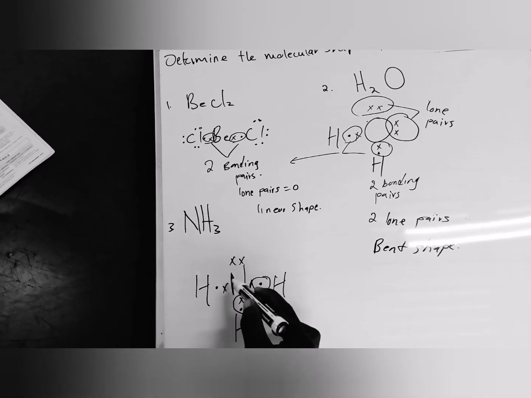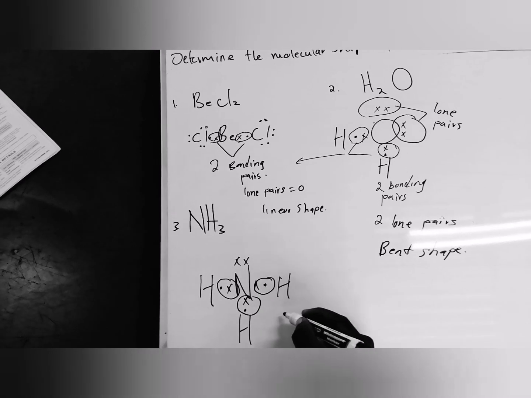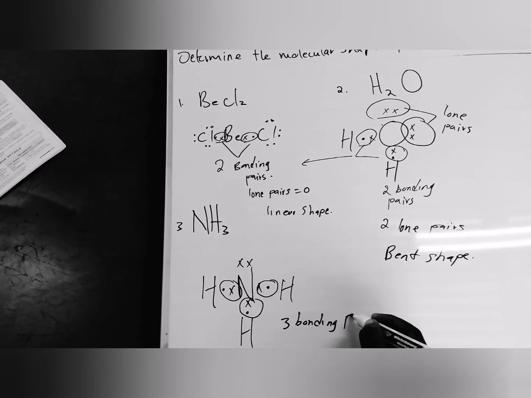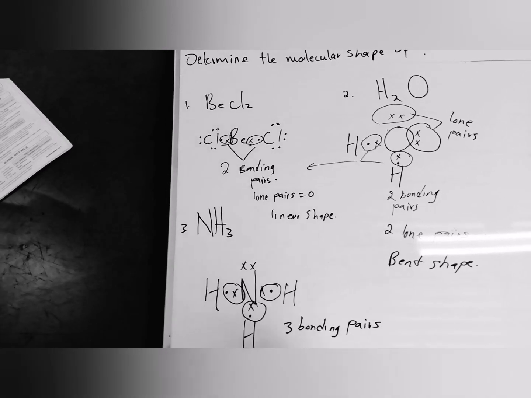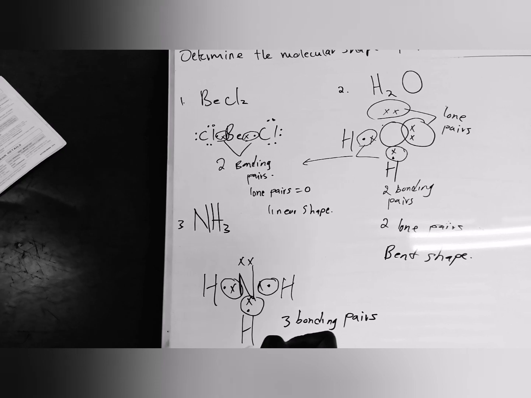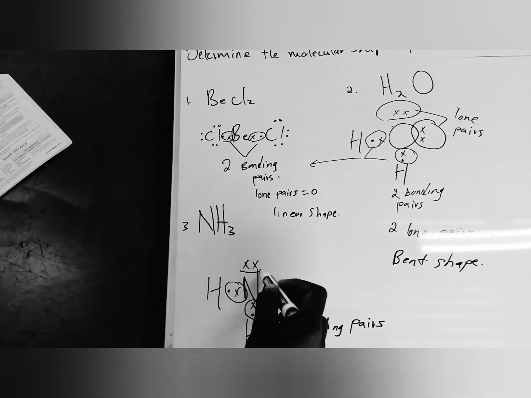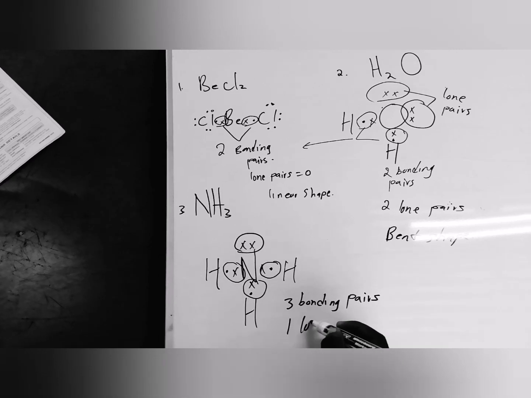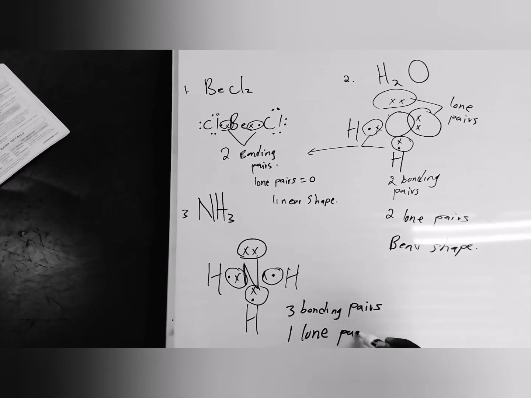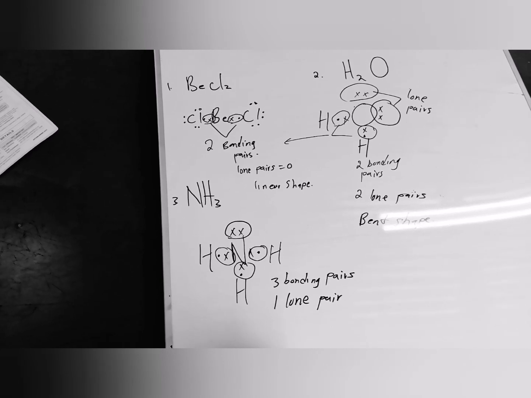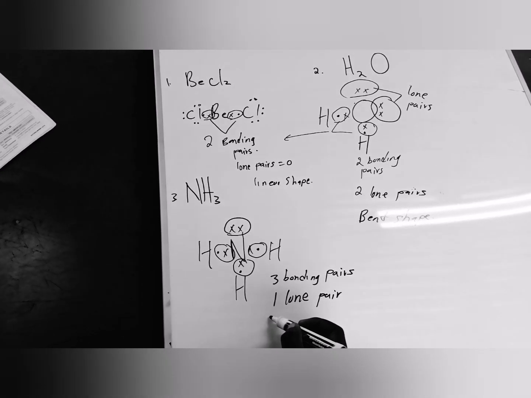We have 3 bonding pairs, and on the central atom we have unshared electrons, which is one lone pair, not 2 lone pairs. It's 1 lone pair. Therefore, when you check on that table, you have 3 bonding pairs and 1 lone pair.